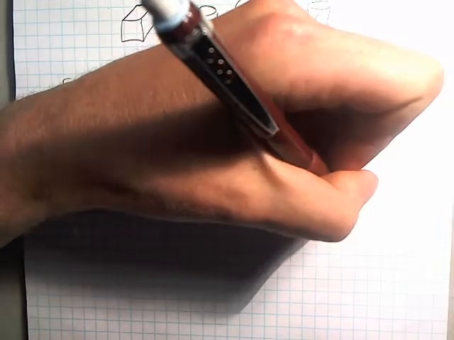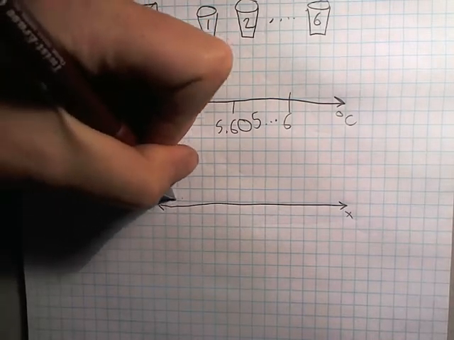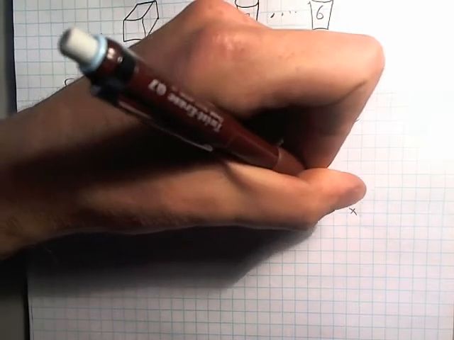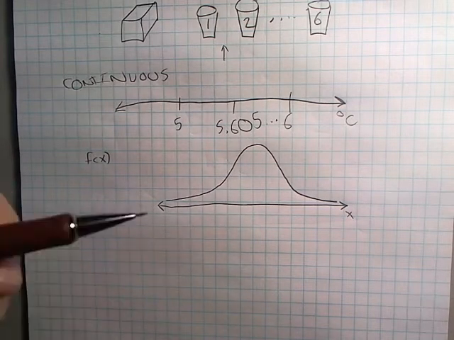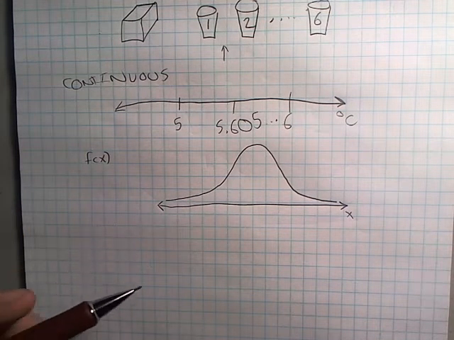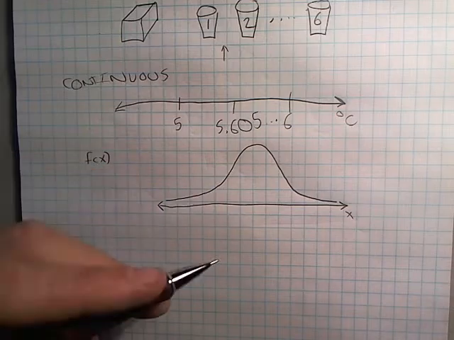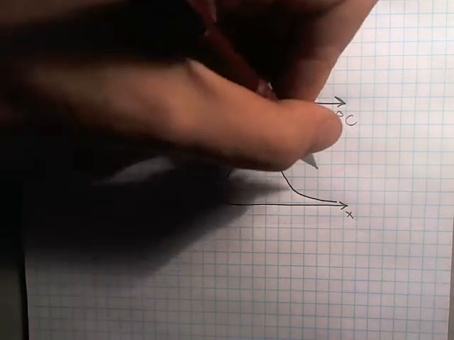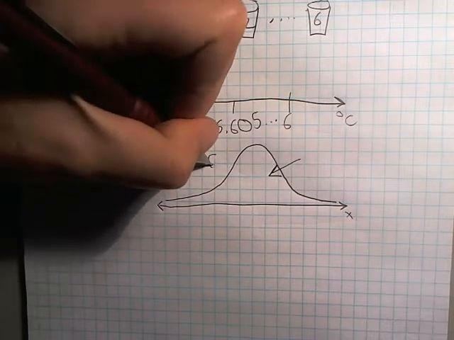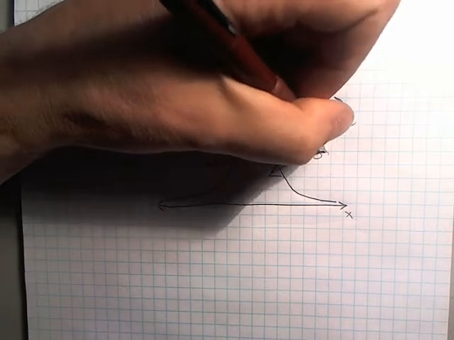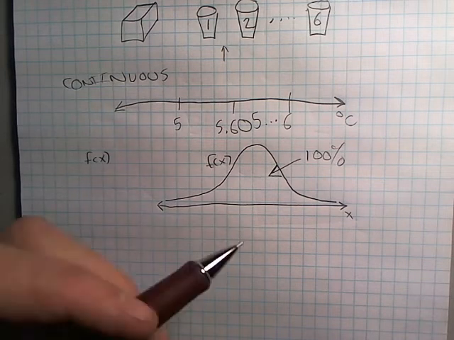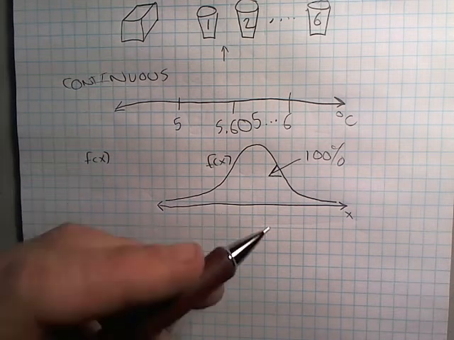I'll just label this as x, and I'll draw what we call the density curve above that line. So here we're looking at a normal distribution. And several characteristics will always hold true for any continuous distribution. Let's think of the entire area under this f of x curve as being equal to 100% of all area.